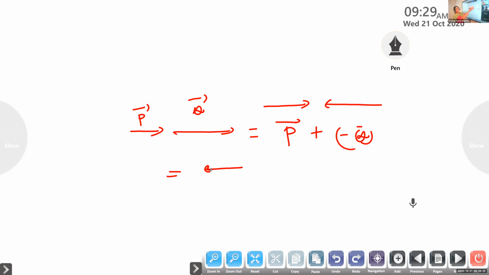That's it. If the value is given, it is easy to identify. But if the value is not given, we only have to look at the size of the vector which is depicted in the question. So you can write the answer as P minus Q. That is how we represent subtraction of vectors if the vectors are in the same direction.